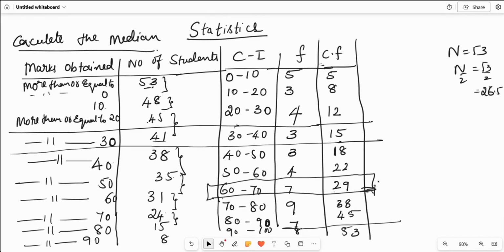Okay. Again, I repeat, see, first for median you have to calculate CF. In the CF column, n by 2 is 26.5. Select the value more than 26.5 in the CF column. So, 29. So, this will be the median class. Now, calculate the median.